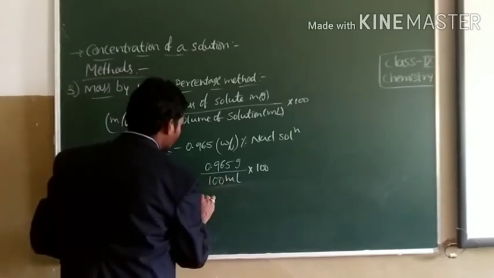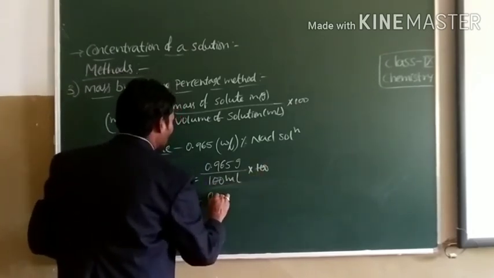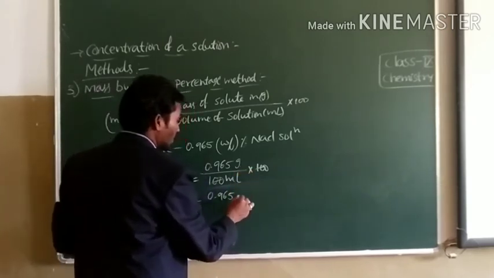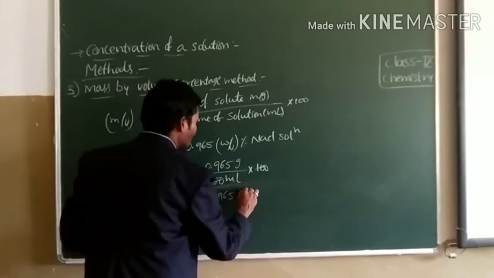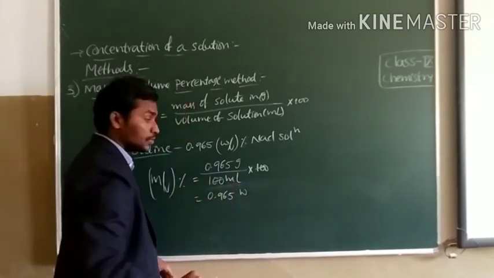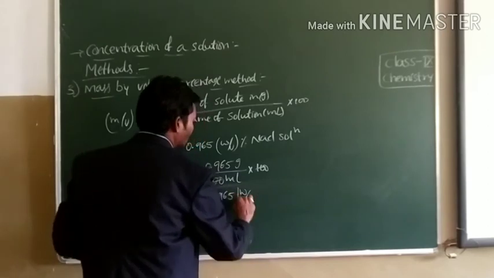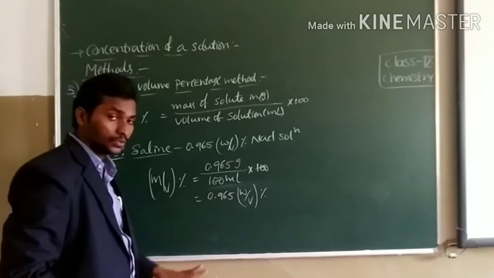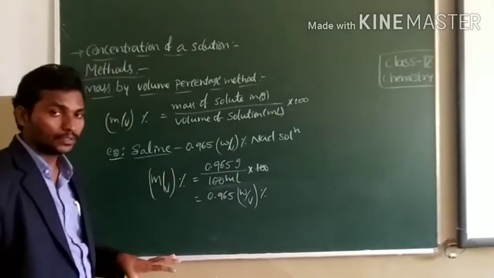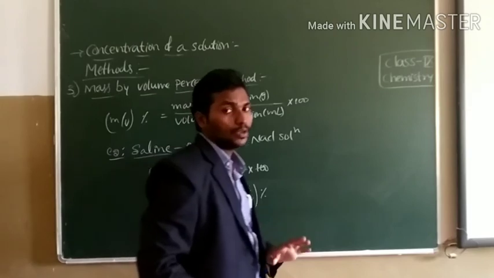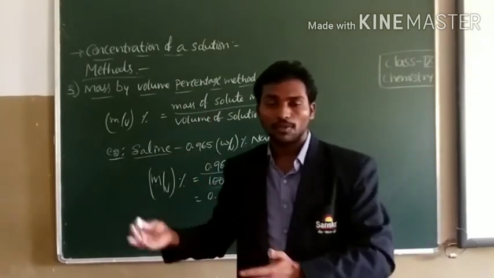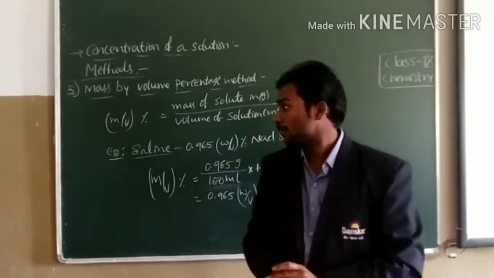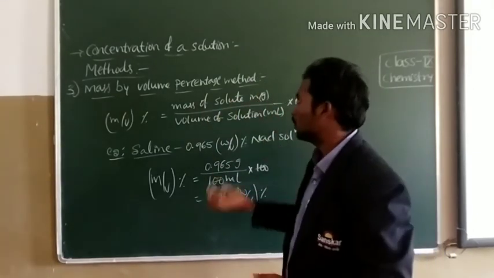The 100 gets cancelled, leaving 0.965 grams, where gram is the unit for weight and ml is the unit for volume. So 0.965% weight by volume NaCl is called saline. That's why this method is mostly useful in pharmaceutical industries and laboratories to synthesize drugs and medicines.